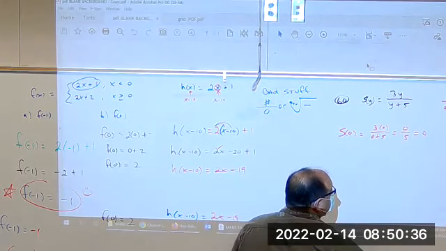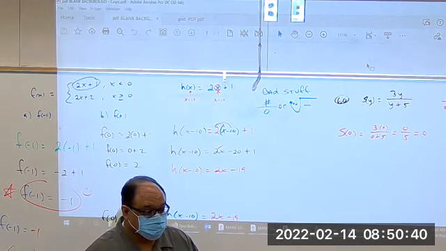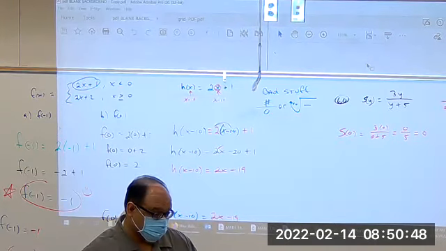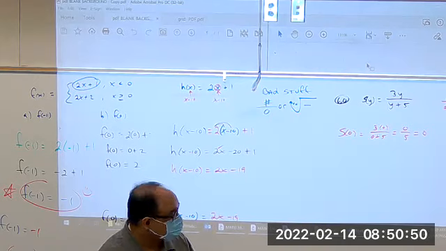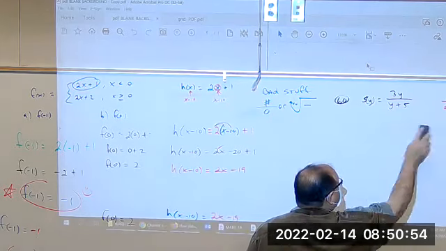That's okay. That's a defined value. You can plug in 0. You can't plug in a number that's going to give you 0 down below. The denominator can't be 0.